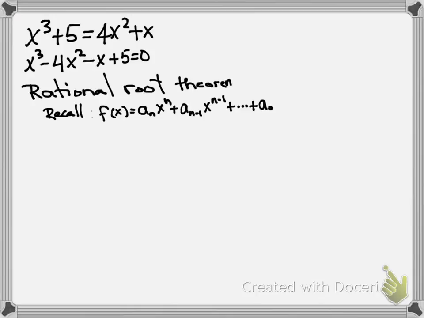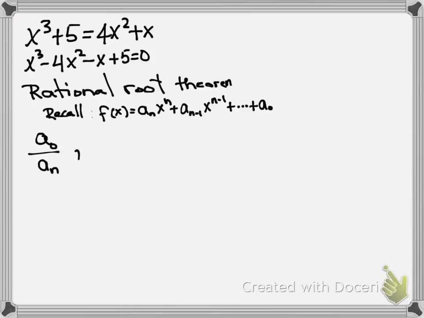So, if we look at the polynomial, a sub n means the leading coefficient, which is 1, the one in front of x cubed, and the constant, which is 5. So, 5 is a sub 0 and 1 is a sub n.